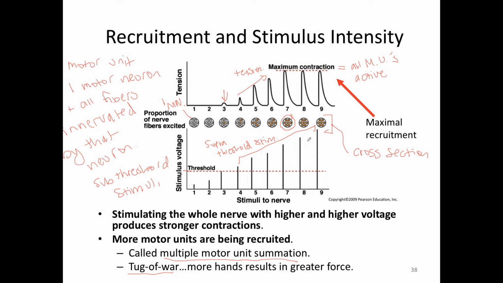However, it does max out. So notice that at point number 7, all of the neurons are excited. So even though the stimulus voltage at points number 8 and 9 is greater than that at 7, you can't recruit any more neurons or motor units, so the amount of tension remains the same. You max out on tension, can't make any more tension.